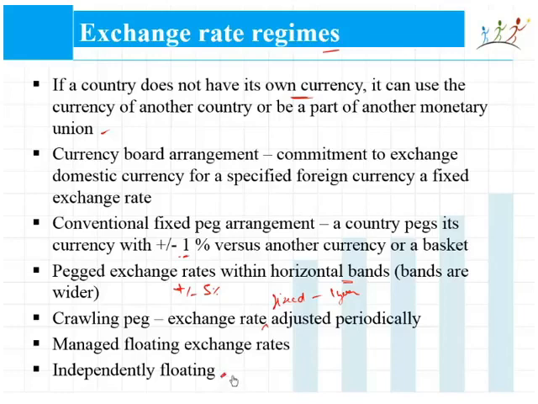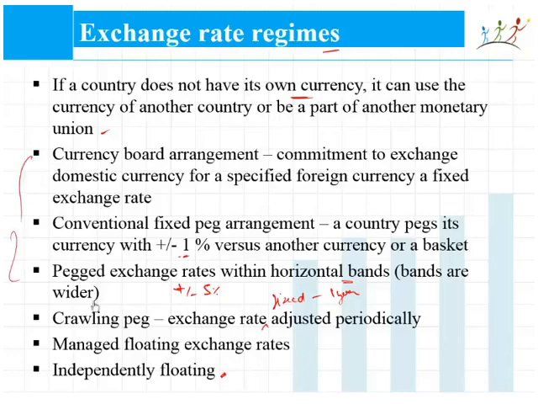In independently floating rates, there is no peg and there is no fixed currency with regards to any other currency. The forces of demand and supply will completely determine the exchange rate at any point in time. So if more people in the world want to buy our currency, the currency will go up. If less people want to buy your currency or more people want to sell your currency, the currency will go down.